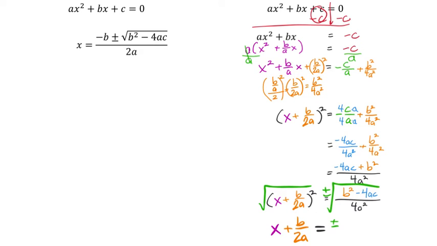But I'm going to separate that into two separate square roots. So I got the square root of b squared minus 4ac, and again, that should look pretty familiar. And this is all over the square root also of 4a squared.